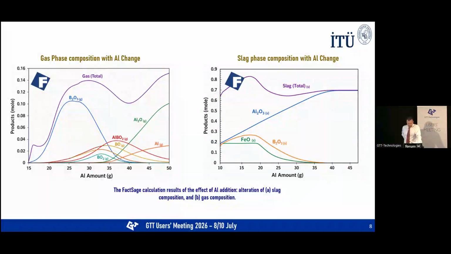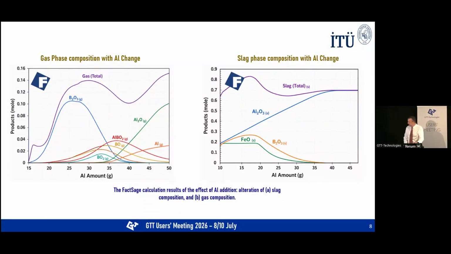On the left, we can see that increasing aluminum content changes the composition of gaseous products. Boron-containing gases are dominant at intermediate aluminum levels, but if we go further in aluminum content, aluminum-containing gases occur in the process.